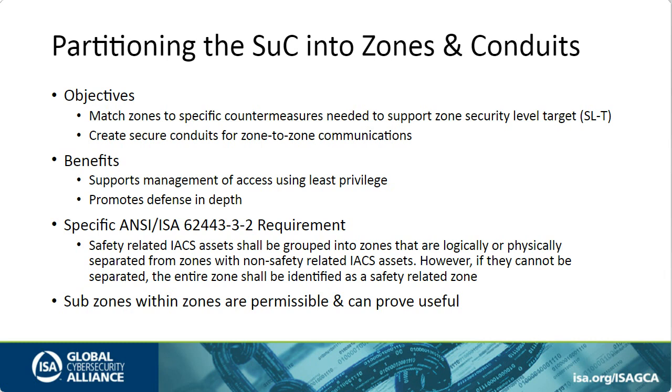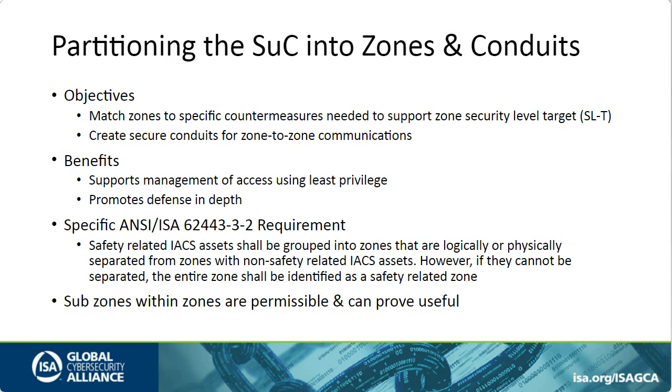There is a specific requirement in the standard that says safety-related industrial automation and control system assets shall be grouped into zones that are logically or physically separated from zones with non-safety related IACS assets. However, if they cannot be separated, the entire zone shall be identified as a safety-related zone.